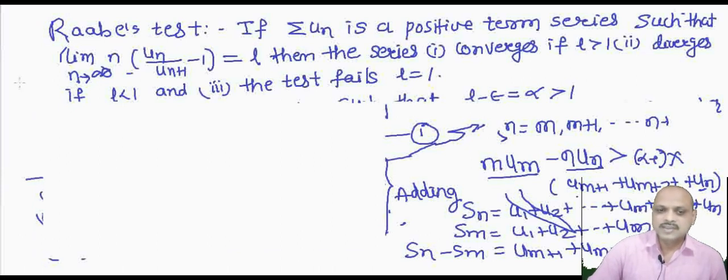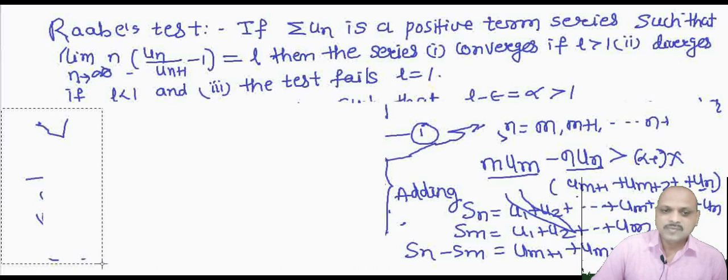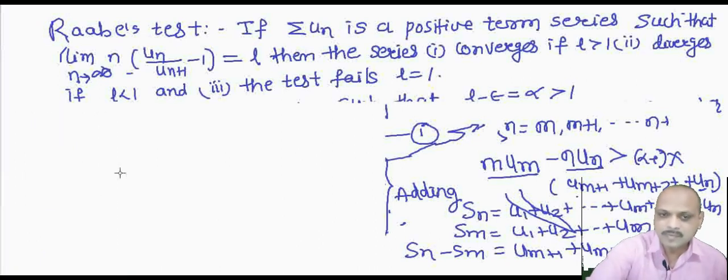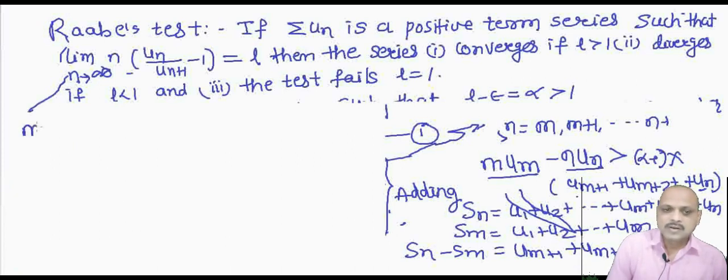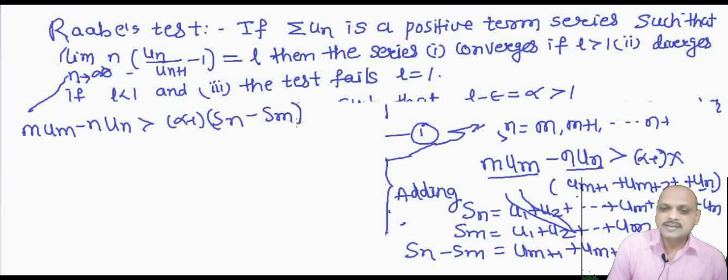So, we write here S_n minus S_m. Then m into u_m minus n into u_n is greater than alpha minus 1 into bracket S_n minus S_m.